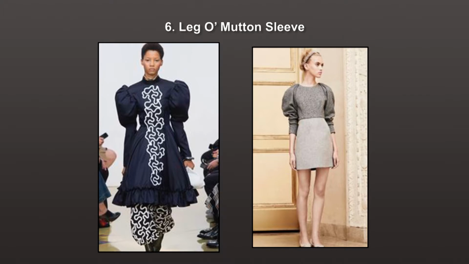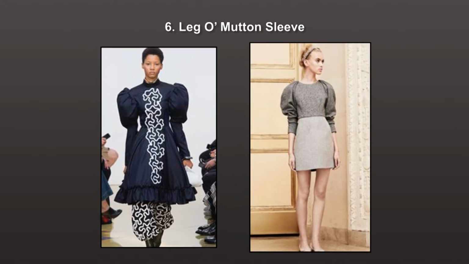We can see an outfit from J.W. Anderson, Spring 2016 ready to wear collection with leg of mutton sleeve. On the right is another dress with a clean look but with neutral colors from Fall 2012.